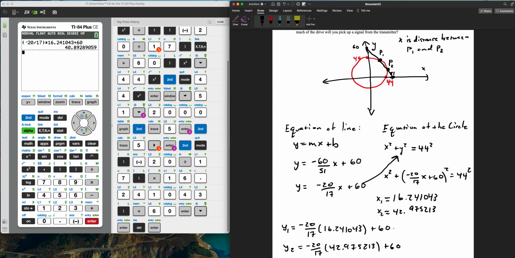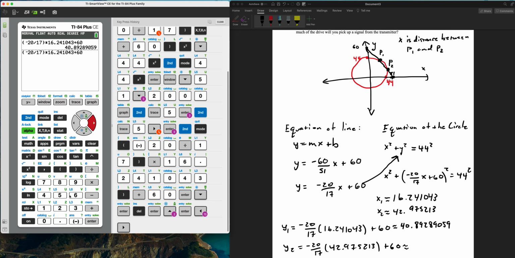So y1 is approximately 40.89289059, and y2, we do the same calculation except we replace x1 with x2.